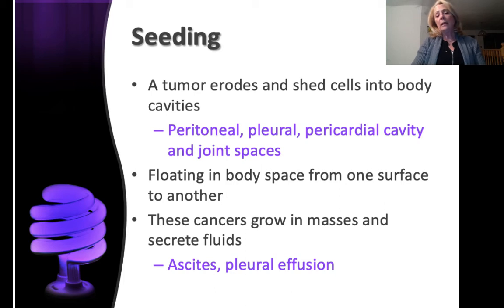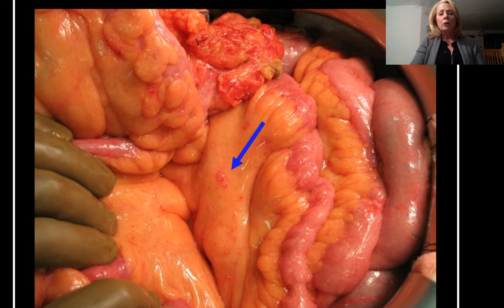So you may see like ascites, which is a lot of fluid building up in the abdominal cavity, or pleural effusion, which is fluid in the lungs. So you can see at the arrow, you have the seeding that's occurred right here in the small intestine.